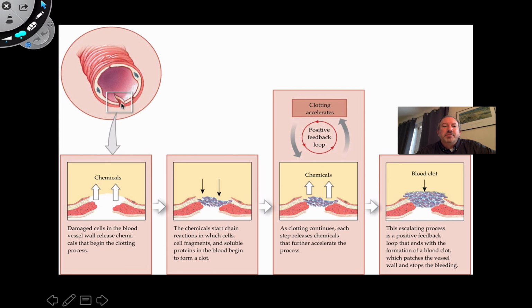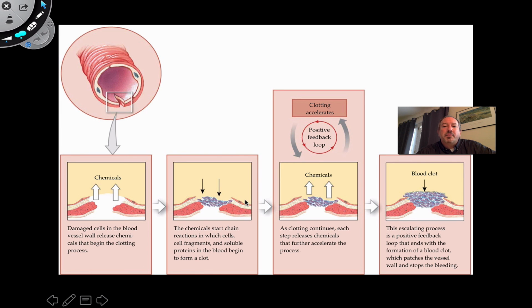Another example would be if you have a tear in a blood vessel. The damaged tissue surrounding this injury will release chemicals that bring clotting into effect. What that will do is summon platelets that form a plug. I won't get into the details, but it starts a chain reaction that causes these cells to produce an insoluble protein called fibrin, which then initiates the clotting process.